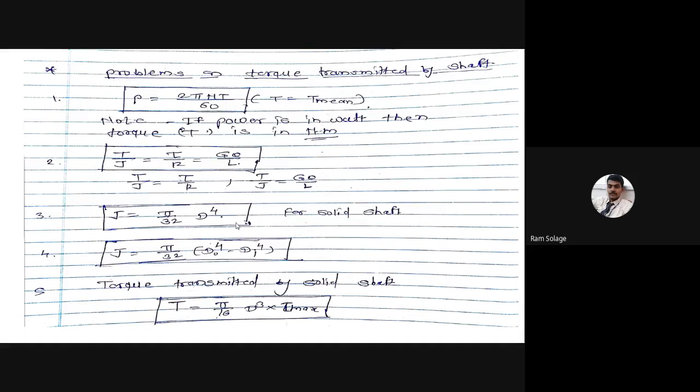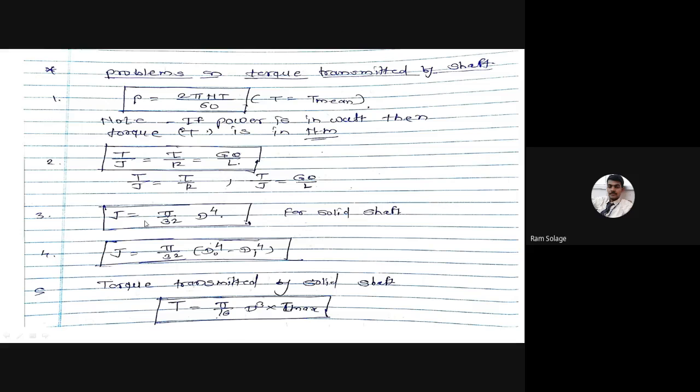So instead of R we put R is equal to D by 2. Now G is the modulus of rigidity, theta is the angle of twist and L is the length of the shaft.